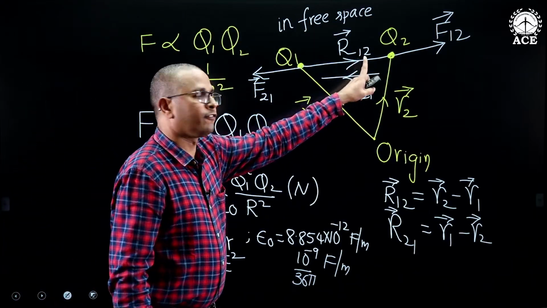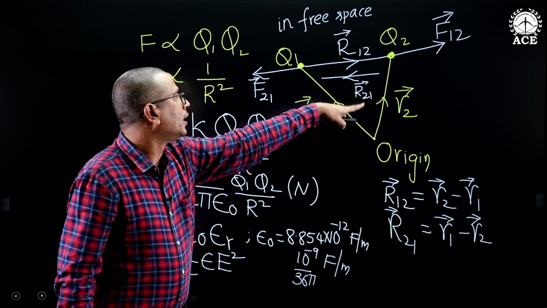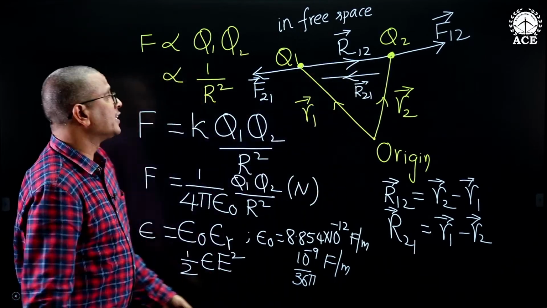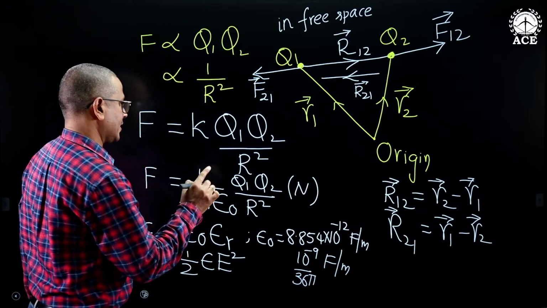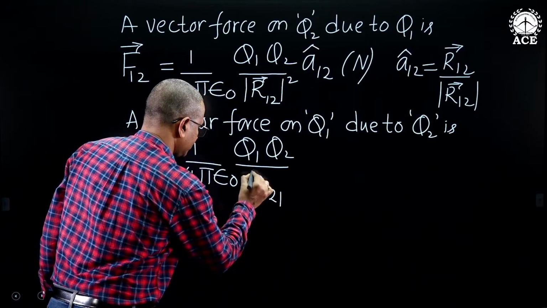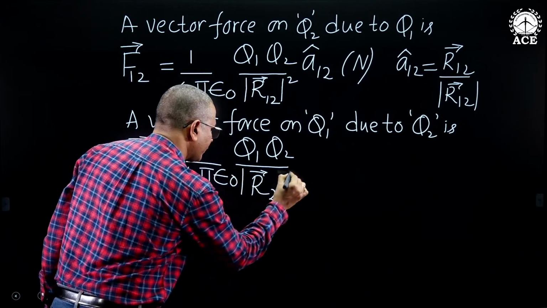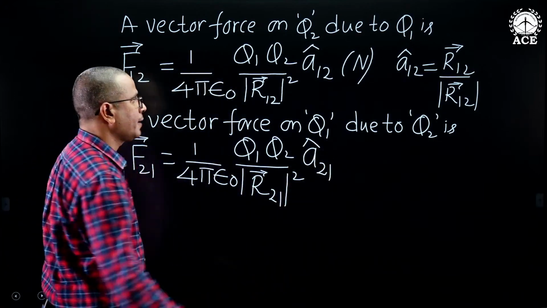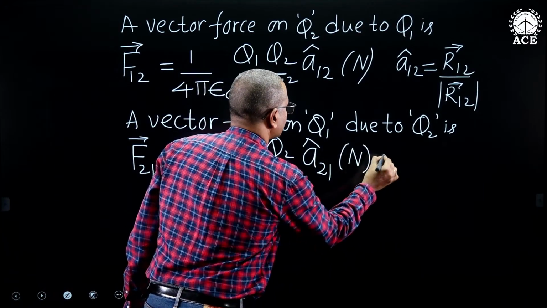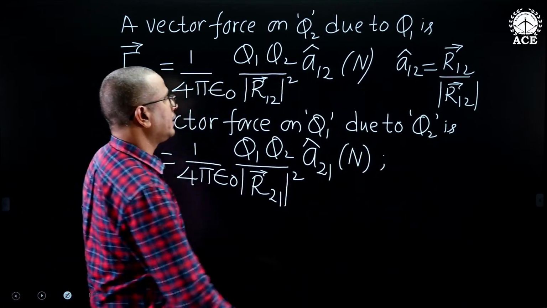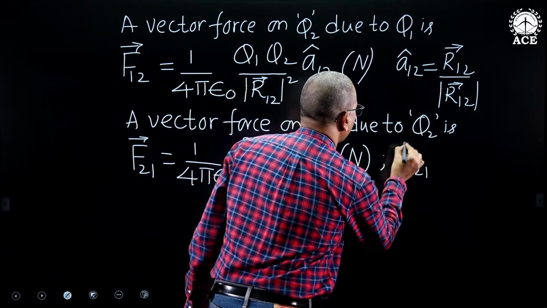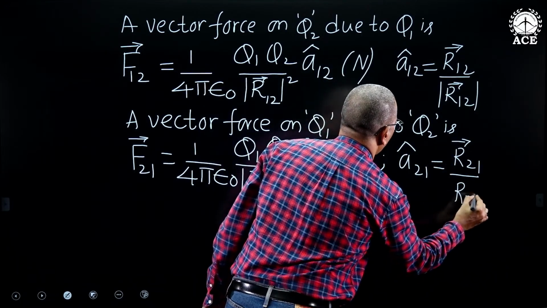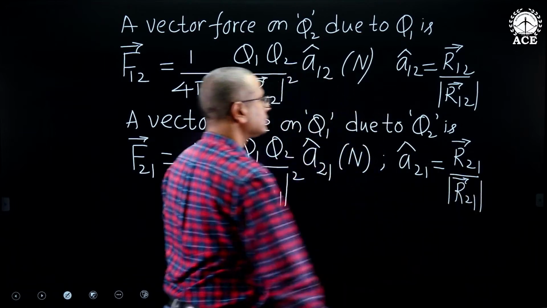If you look here, we are finding the force on Q1 due to Q2. It depends on R21 bar. Its magnitude gives us distance. So I can write mod R21 square, and the direction of displacement is along the unit vector A21 cap, in Newton. So how can you find A21 cap? A21 cap is nothing but R21 bar divided by mod R21.